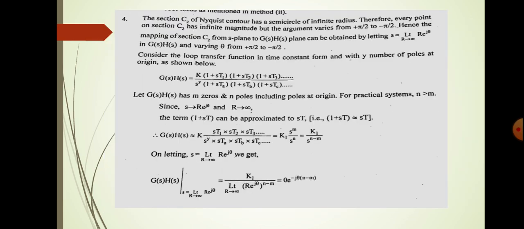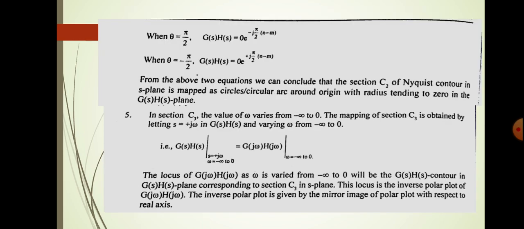So we have this equation G(s)H(s). When theta is plus pi by 2, G(s)H(s) is equal to 0 into e raised to minus j pi by 2 into n minus m. Also, when theta is minus pi by 2, G(s)H(s) is equal to 0 into e raised to plus j pi by 2 into n minus m.